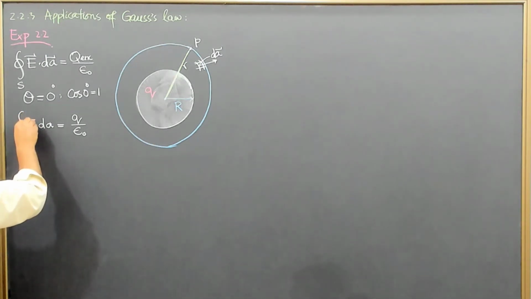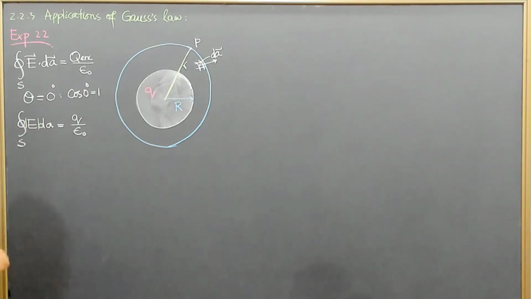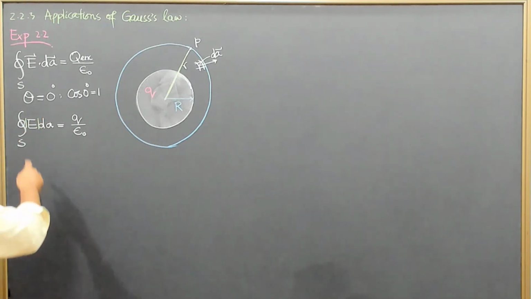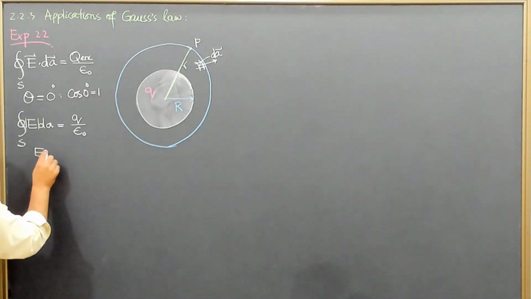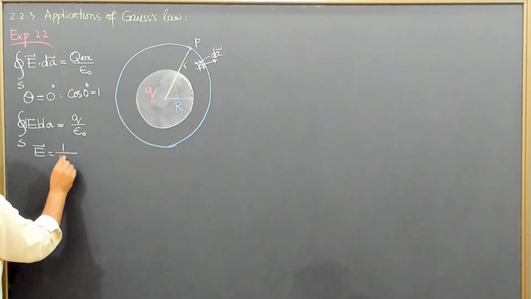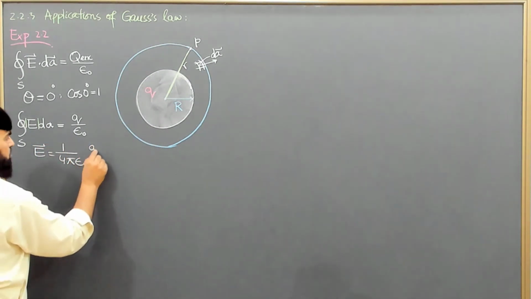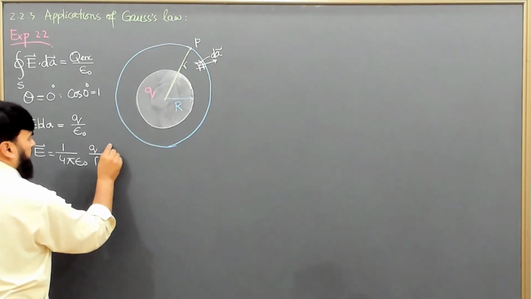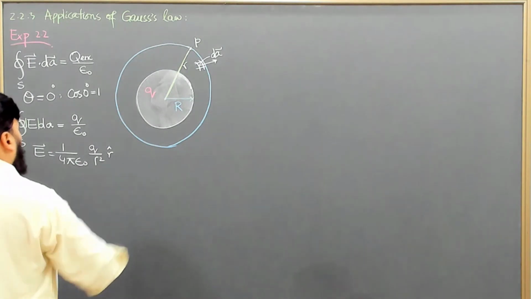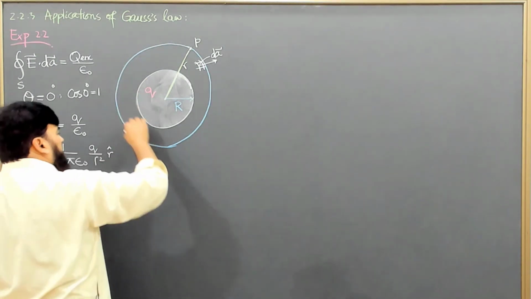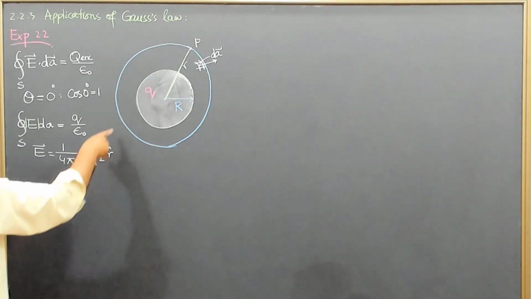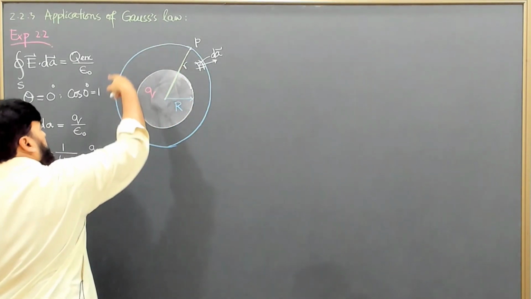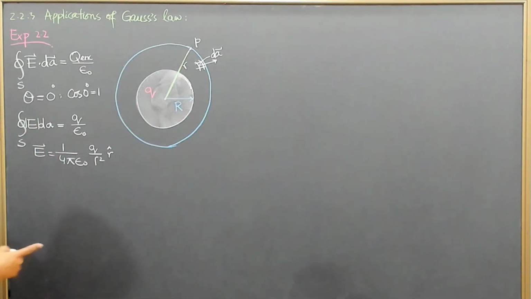So if I write here the absolute value E dA, then E is constant on the surface, because we know that electric field is equal to 1 over 4 pi epsilon naught Q over R squared in the unit vector direction. On each point along this sphere, it is radially outward, and its value depends only on R, which is constant on this surface. So electric field is the same, and that's why it will go out of the integral.